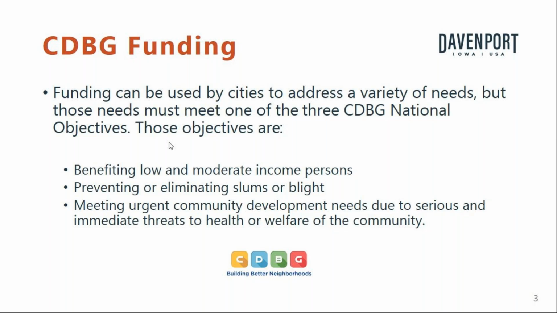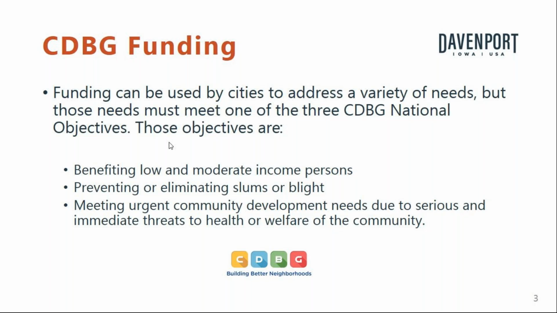You can serve them through the prevention or the elimination of slum and blight, with the understanding that many low-income neighborhoods also suffer from some blighting conditions. And here I would just make a comment that the word slum and blight is not a local definition. That is a definition set by HUD.